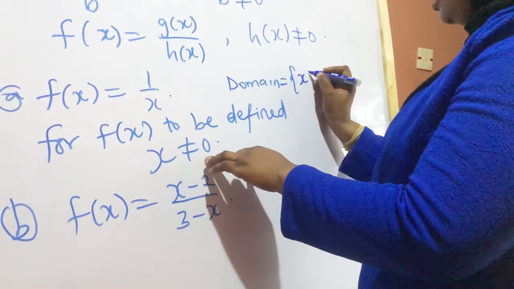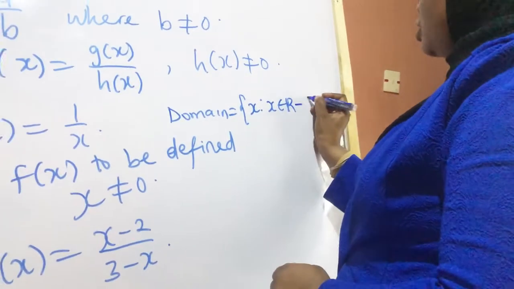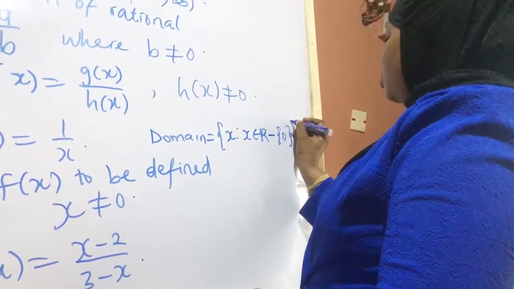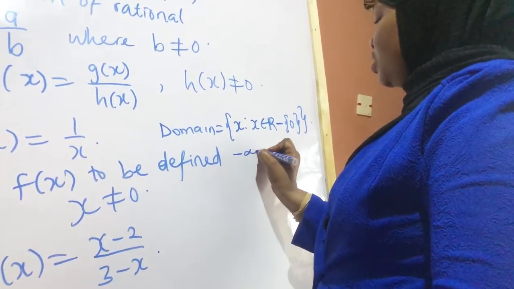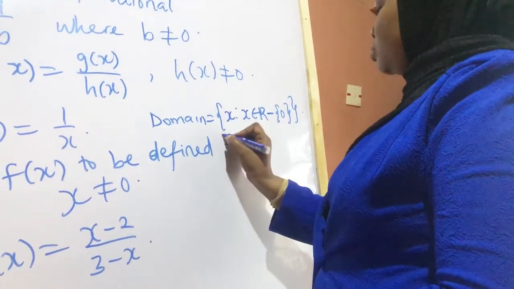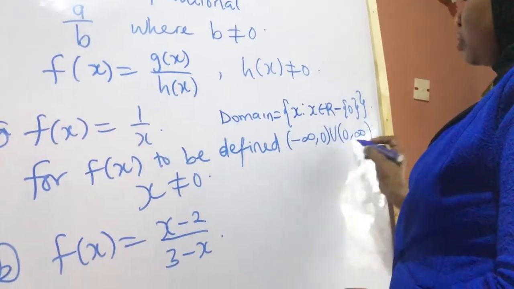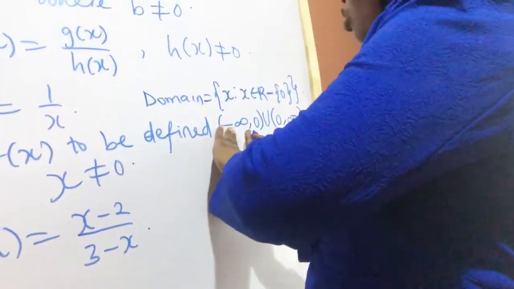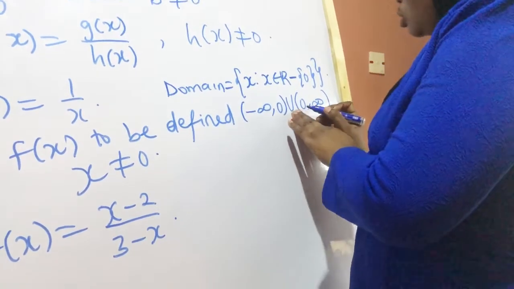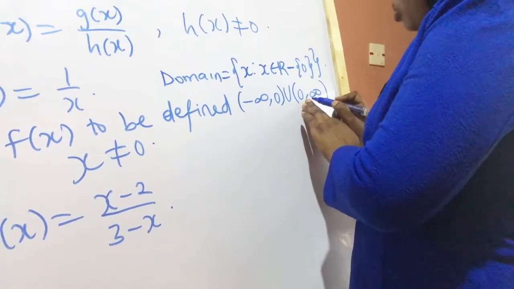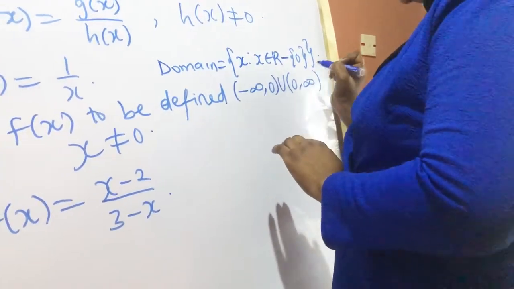So x such that x is an element of real numbers minus 0, or you say negative infinity, comma 0, union 0, comma infinity. It means that it could be any number except 0. 0 is not included, but positive numbers can be there, negative numbers can be there, except 0. That's the meaning.